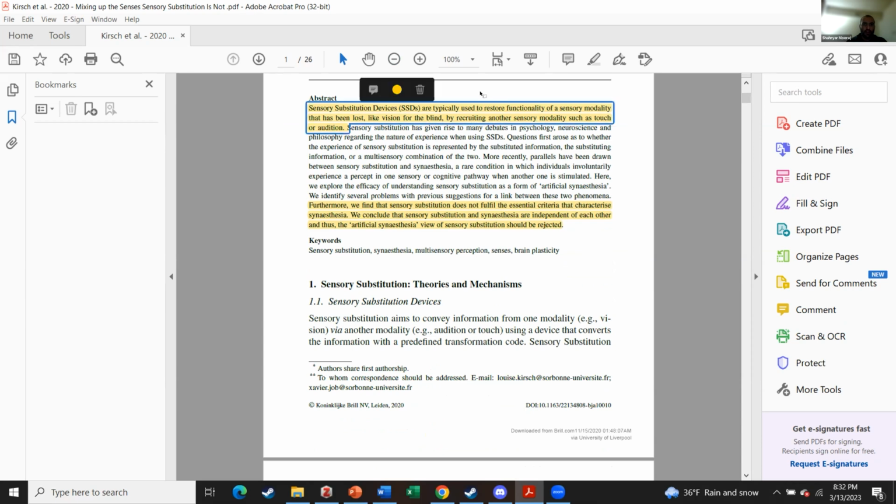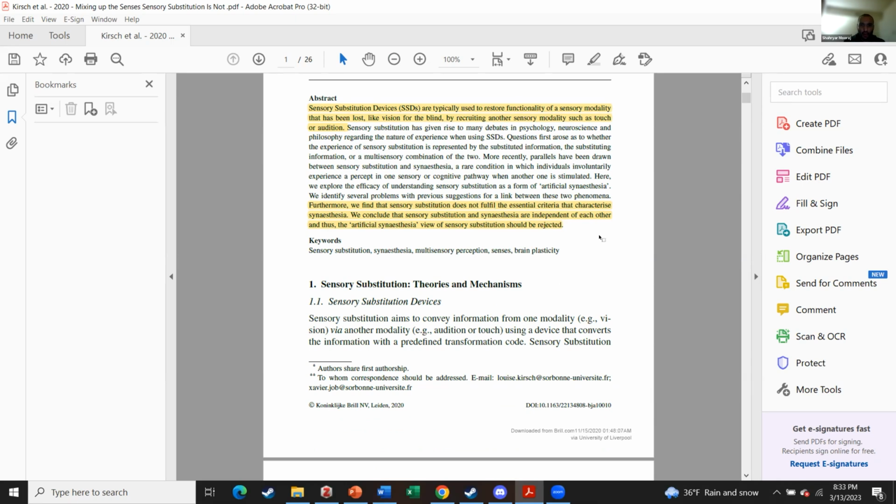So basically, what they describe in the abstract is that sensory substitution devices are typically used to restore functionality of a sensory modality that has been lost, like vision for the blind, by recruiting other sense modalities such as touch or audition, which I think they mean audio. For example, blind people using Braille for reading, or auditory guides when you're going on a tour in a museum.